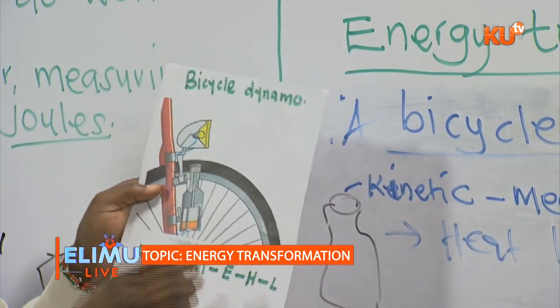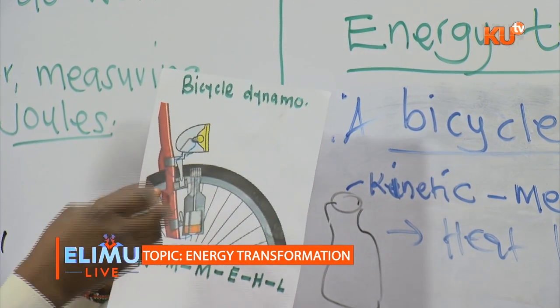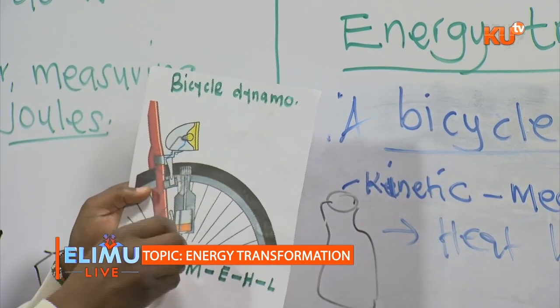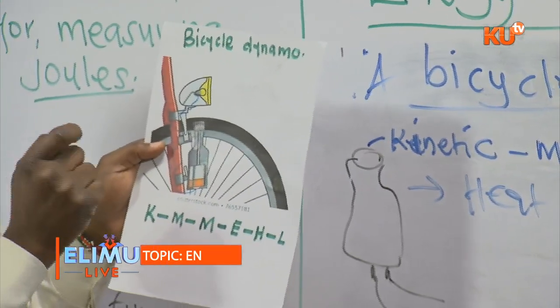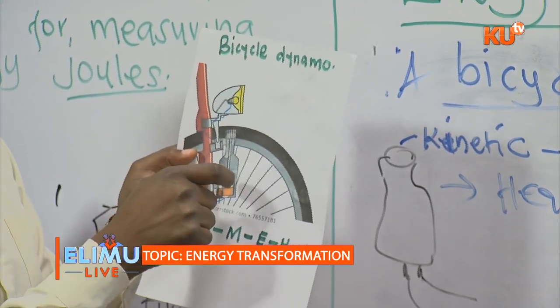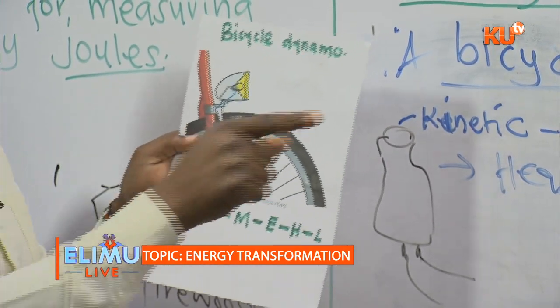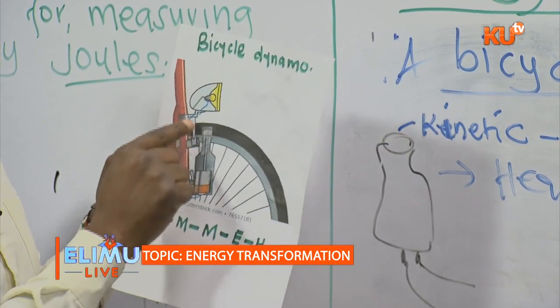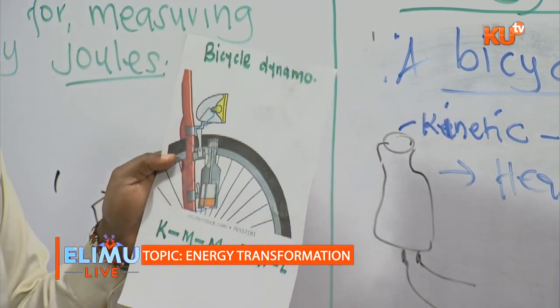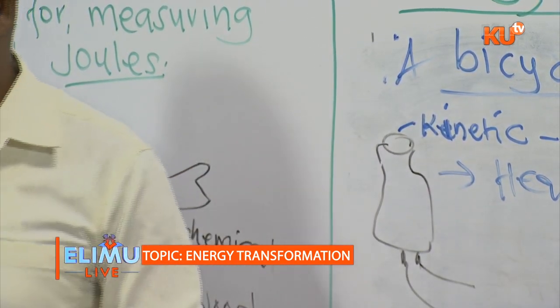We go to mechanical, because there is some mechanism going on there. Then we have a small magnet, then the electrical, the energy in the wire. Then we have the heat, then the light, which you can see with the yellow color.